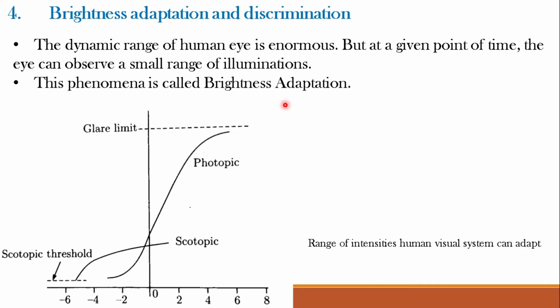Similarly, you would have observed that when the power supply of your home is cut off in the night, everything will be pitch dark immediately and nothing will be seen for some time. Why? Because your eyes were adapted to light, right? But gradually your eye will adjust to this dark level and you will start seeing some visible things even in the dark, right? So this is brightness adaptation.